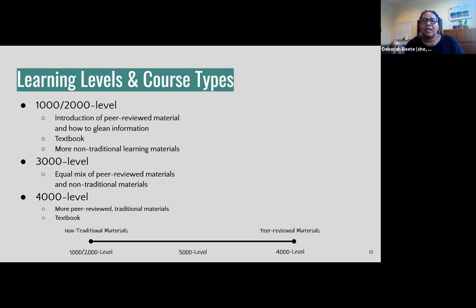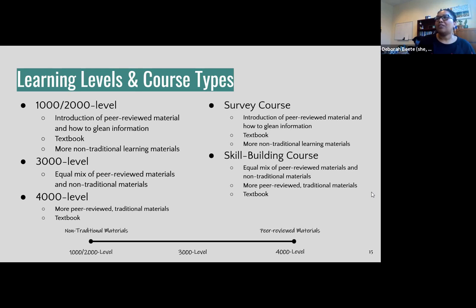The other thing that I focus on is whether I'm teaching a survey course or a course that is meant to build skills. When I think about a survey, I'm not as concerned with all of the peer-reviewed, especially if it's a lower level survey course, versus a skill building course, which is usually my higher level courses anyway.